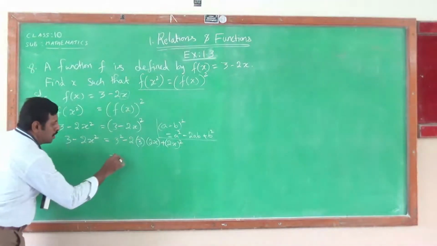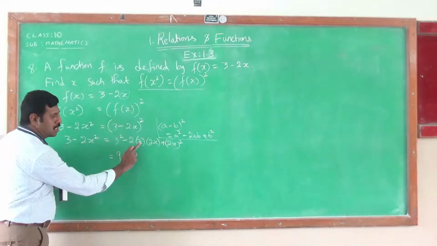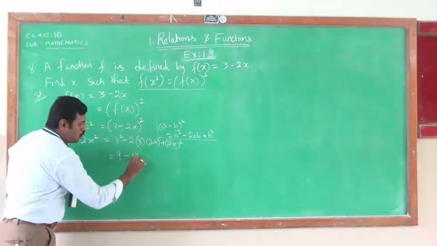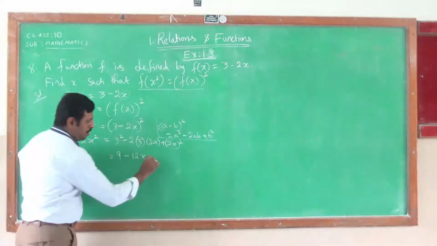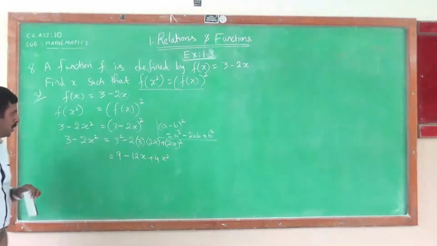Now the 3 square is 9 minus 2 3s are 6, 6 2s are 12x plus 4x square. When you square this, we get 4x square.